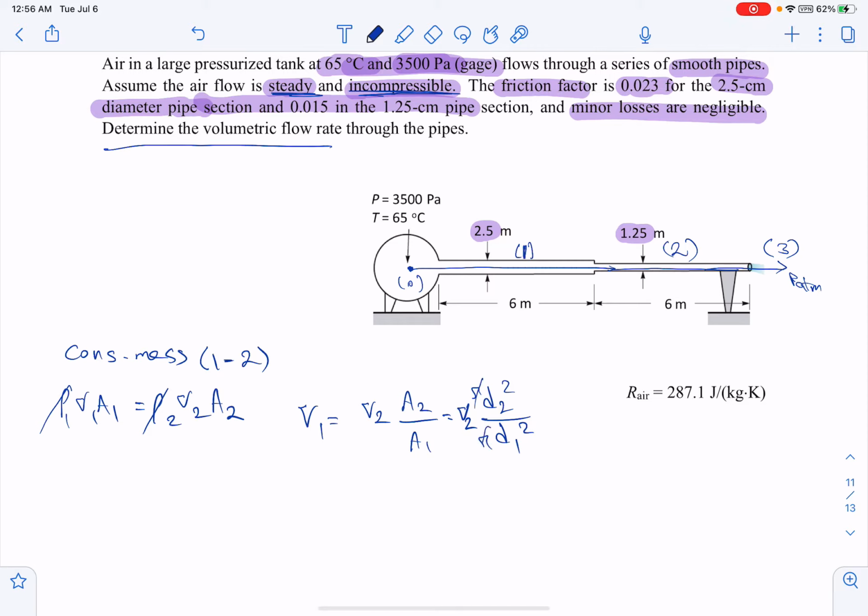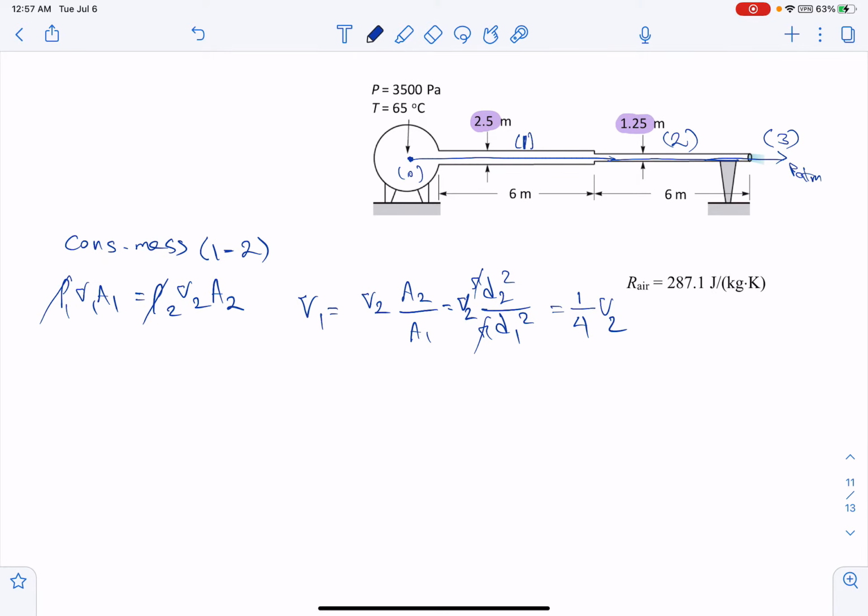The pi cancels, and if we put in the values for the diameters, this is the relationship between V2 and V1.